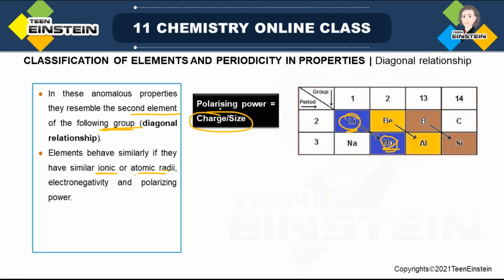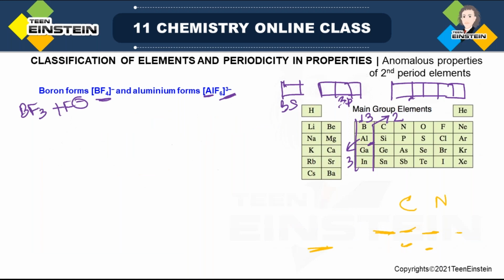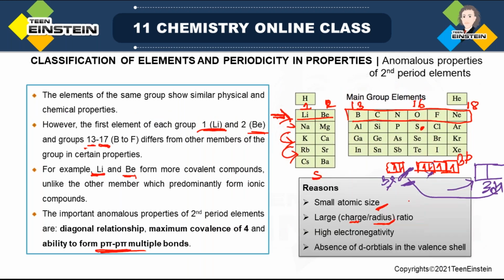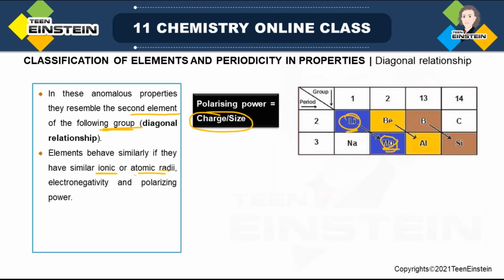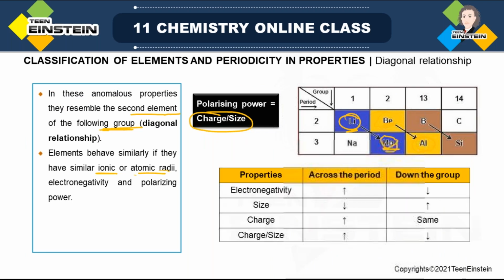And we know that polarizing power is high when charge by size is large. Remember, in the first slide it is mentioned in the reason box on the right-hand side that a large charge by radius ratio means polarizing power will be high for the second period elements.